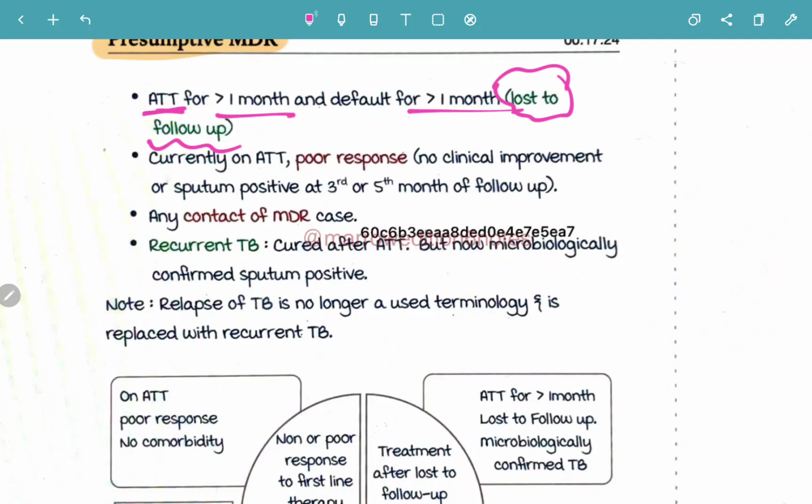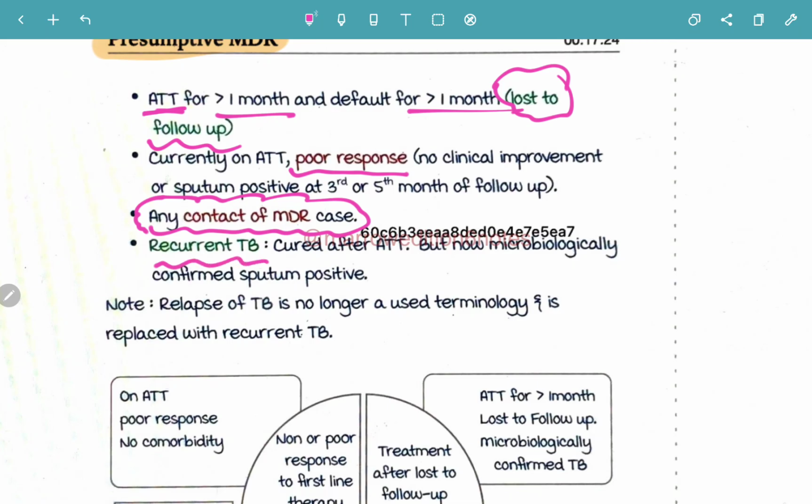Currently on anti-tubercular therapy with poor response, that is no clinical improvement or sputum positive at 3rd or 5th month of follow-up. So there is a poor response. Any contact of MDR case, any contact of multi-drug resistant case.